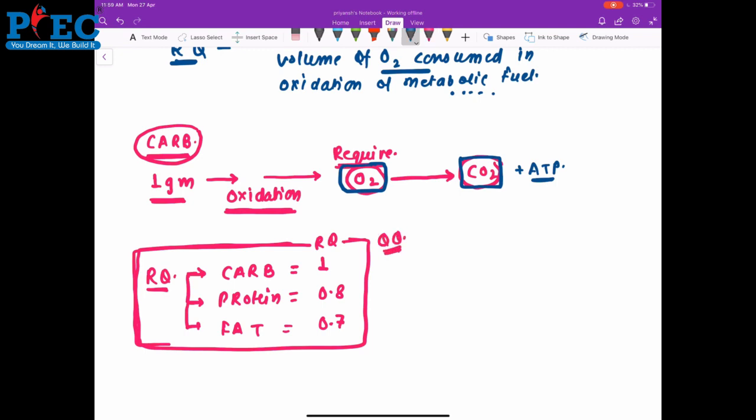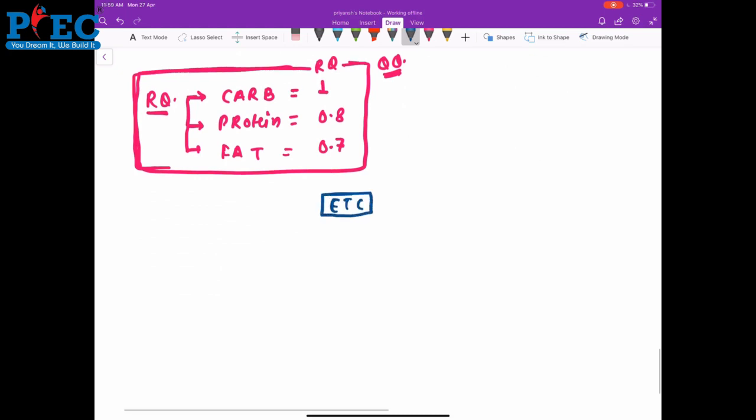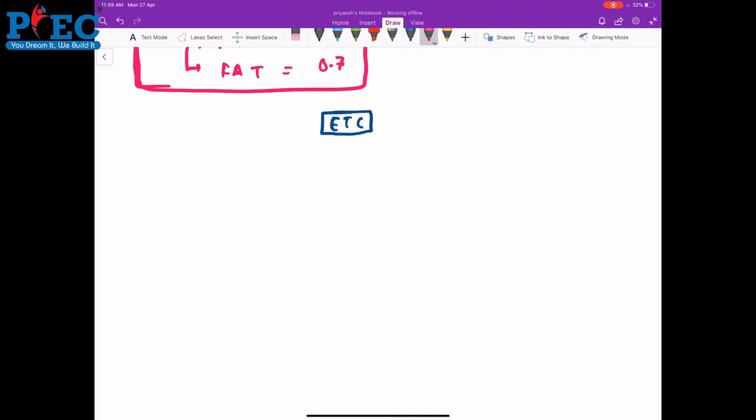So I am summarizing the electron transport chain. In a nutshell, NADH and FADH2 will be converted into ATP. This is what the electron transport chain does. It runs on the inner mitochondrial membrane. It is made up of 5 complex enzymes placed in a series.